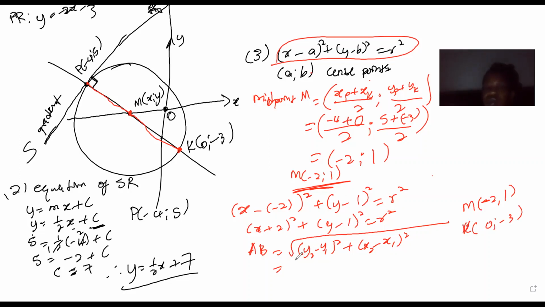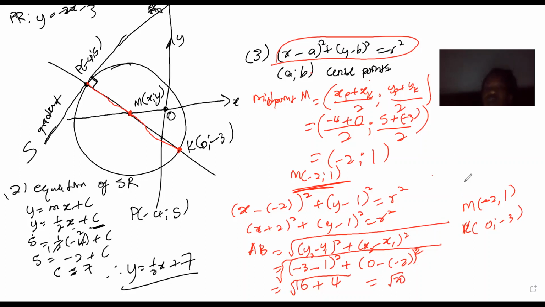So y2 -3 minus y1 is 1 squared plus x2 is 0 minus -2 squared, and it's a square root. Therefore, we've got -4 squared, which is 16, plus 0 minus -2, which is 0 plus 2, is 2 squared. 2 squared is 4. Then we've got the square root of 20. So our r is the square root of 20.